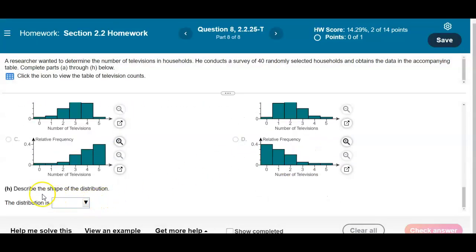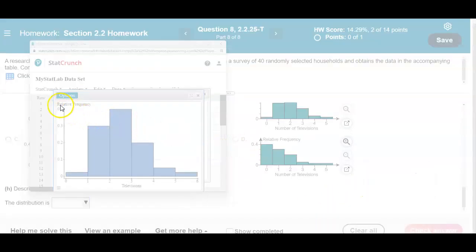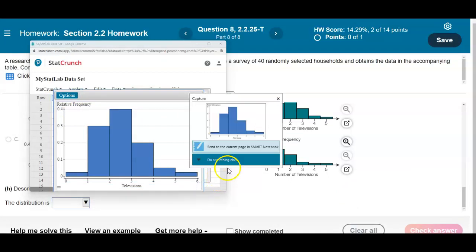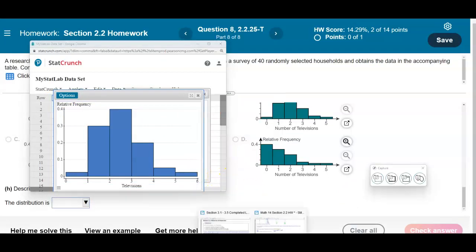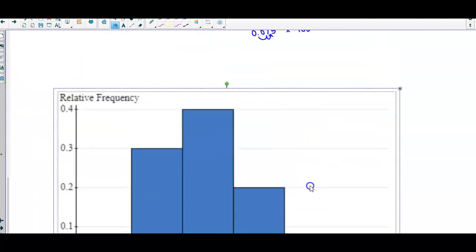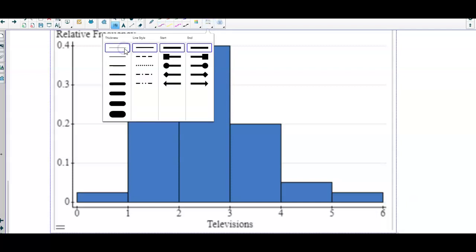Okay, now the next question says, describe the shape of the distribution. So what I'm going to do is copy our graph into the page that we were working on. Okay, so here is our graph. I'm just going to bring it down here a little further. If you notice, when we look at our graph, we want to trace this graph.